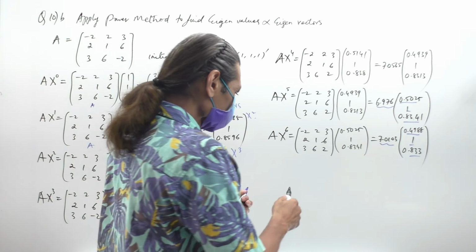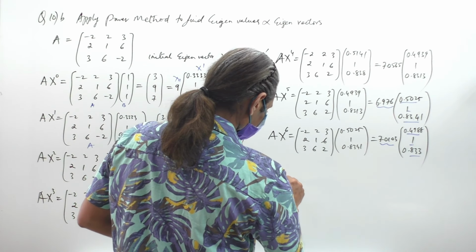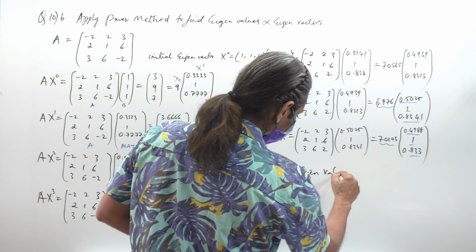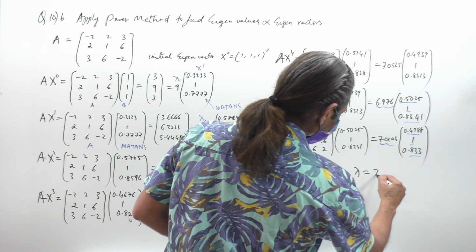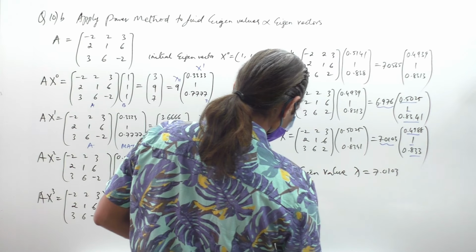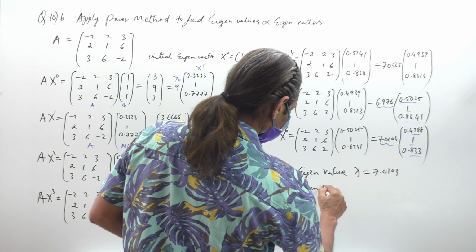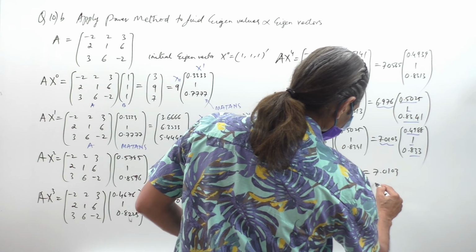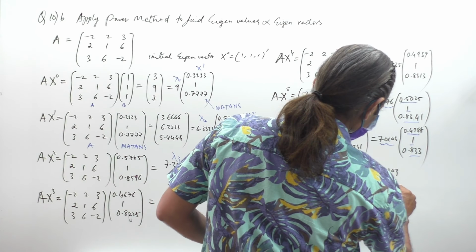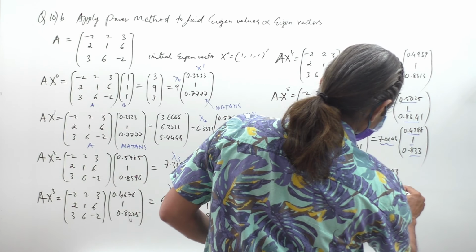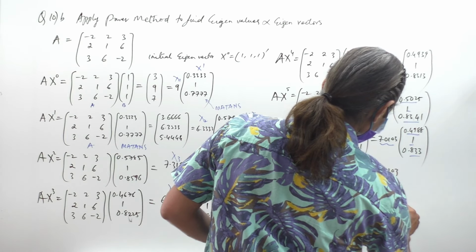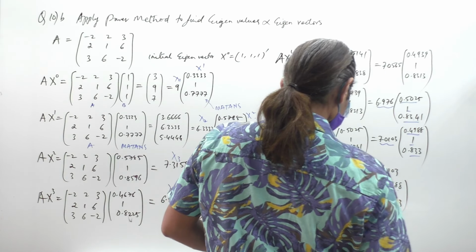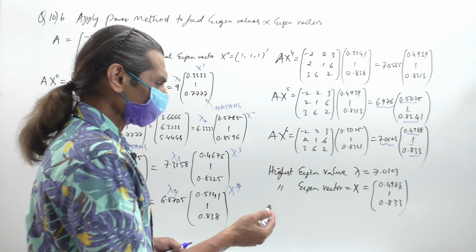Therefore the highest eigenvalue is lambda equal to 7.0103, and the highest eigenvector is x equal to 0.4988, 1, 0.833. That's the answer. You can approximate to 0.5, if you wish, or keep it as it is.